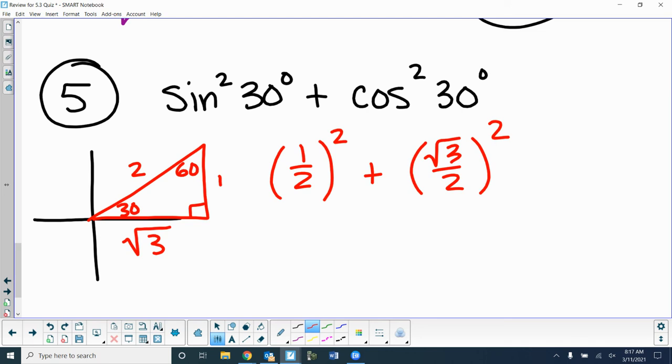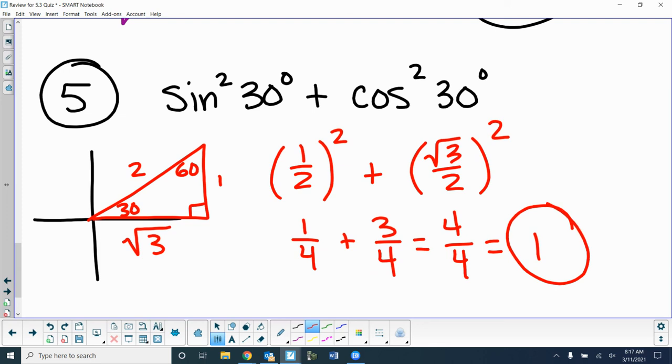All right, and just square every number. 1 squared is 1, 2 squared is 4, radical 3 squared is 3, 2 squared is 4. What's 1/4 plus 3/4? 4/4, which is 1. Get it? Got it? Good?